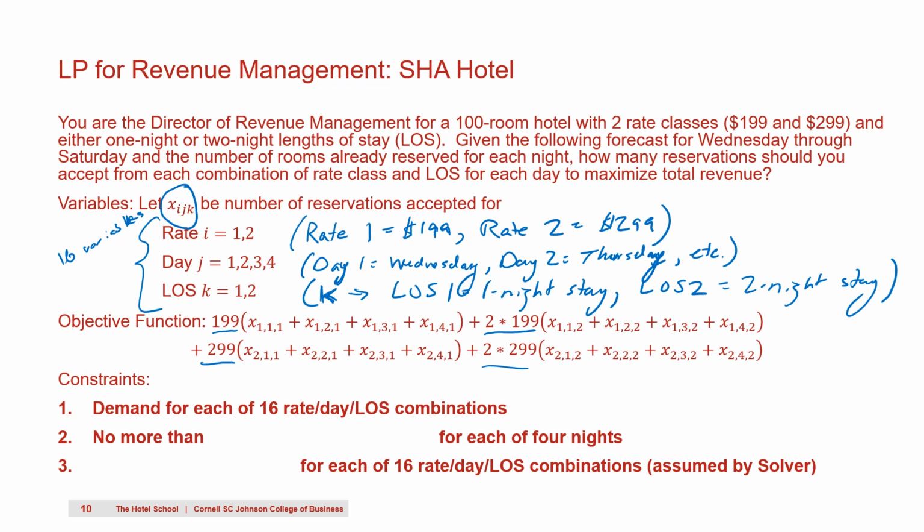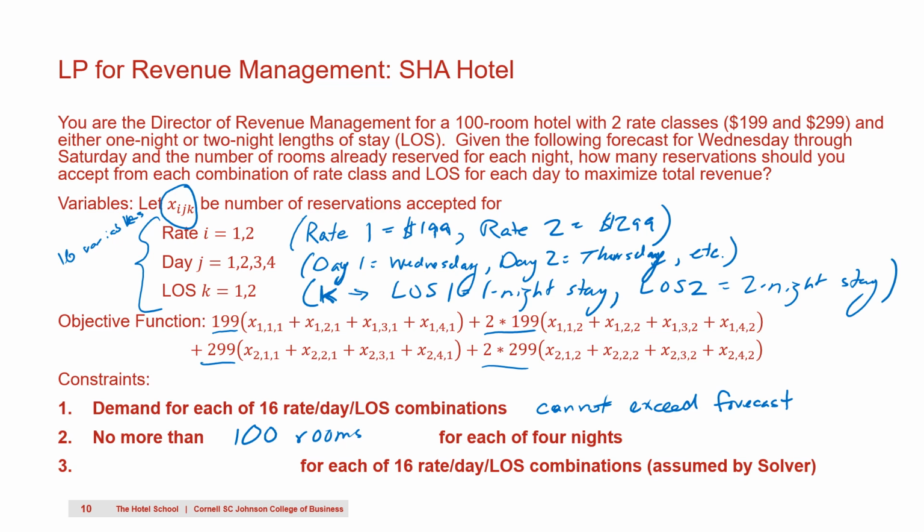What are our constraints? We need to make sure that demand for each of our 16 rate, day, length of stay combinations does not exceed our forecast. We can't sell more than 100 rooms for each of our 4 nights that we're studying. We only have a 100-room hotel.